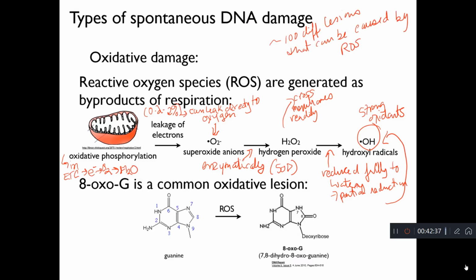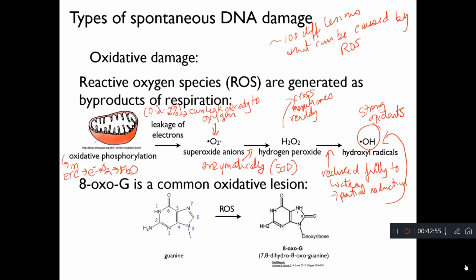These can encompass almost any kind of damage that you can consider: damage to the bases, damage to the sugars, breaks in the DNA. They can catalyze cross-links between proteins and DNA. So there's a lot of damage that can result because of this.